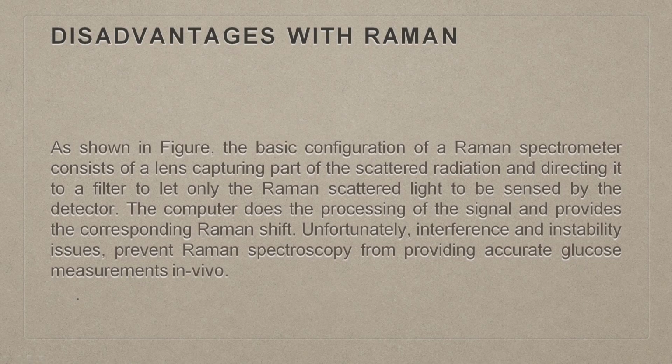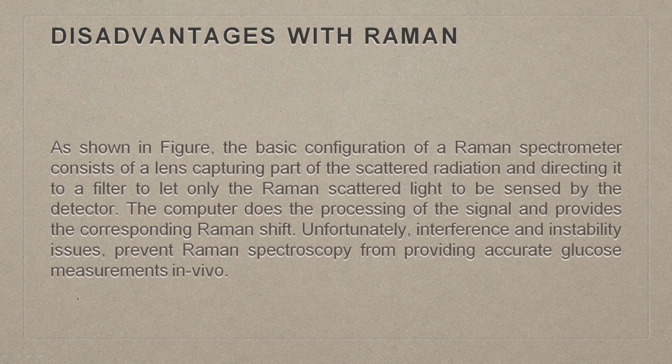Last week, we concluded the lecture session with the disadvantages of Raman spectroscopy. So, that is why I put the slide in front of you. We talked about the Raman spectrometer, which consists of a lens capturing part of the scattered radiation and directing it to a filter to let only the Raman scattered light be sensed by the detector. We have realized that the Raman shift, unfortunately interference and instability issues, prevent Raman spectroscopy from providing accurate glucose measurement in vivo.